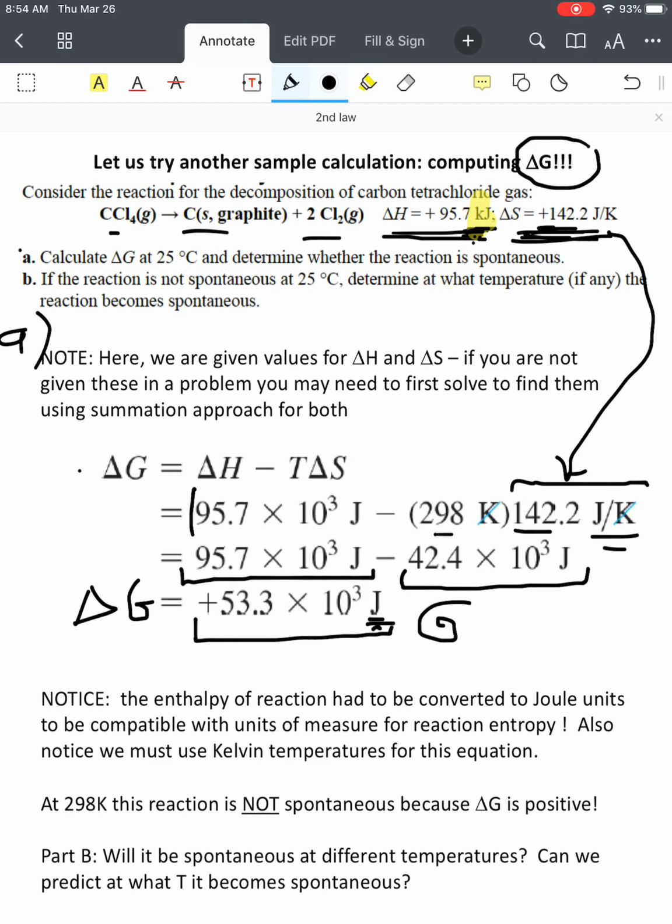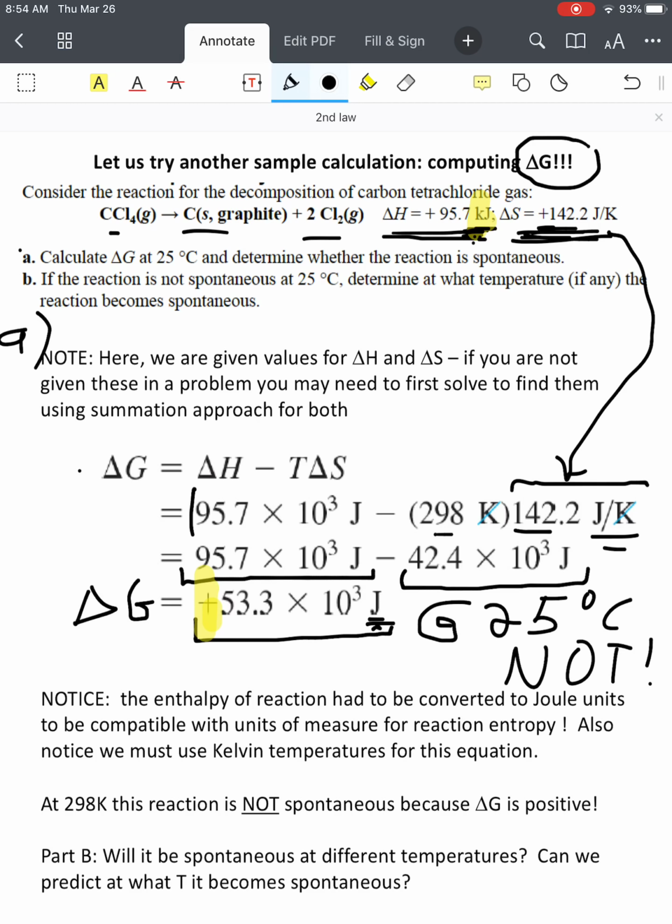At 25 degrees Celsius, this reaction is not spontaneous, is it? And how did I know that? There's only one thing I needed to look at, that sign right there. I knew that this reaction was not spontaneous because it was a positive sign for delta G. That tells me the reaction is not spontaneous at this temperature.